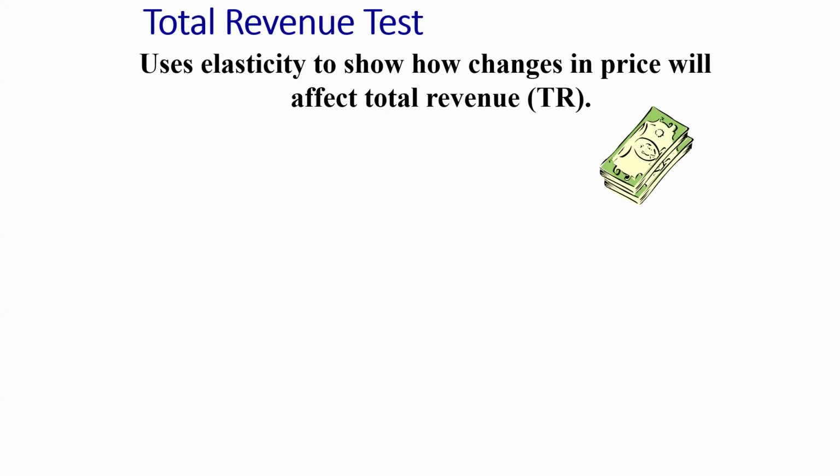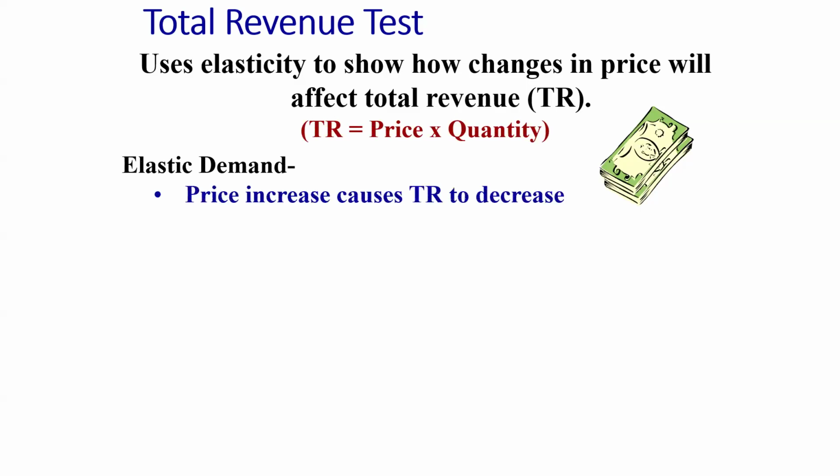And I only say this because sometimes they'll ask for expenditures to do the total revenue test. Remember, total revenue is price times quantity. For elastic, it's an inverse relationship. Price increases cause total revenue to decrease, and price decrease causes total revenue to increase.